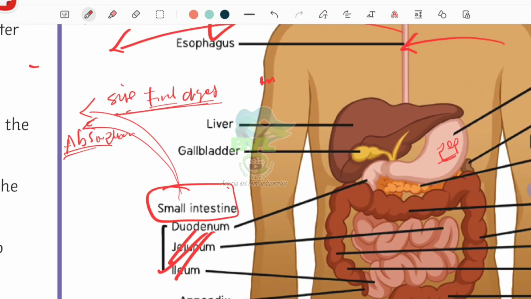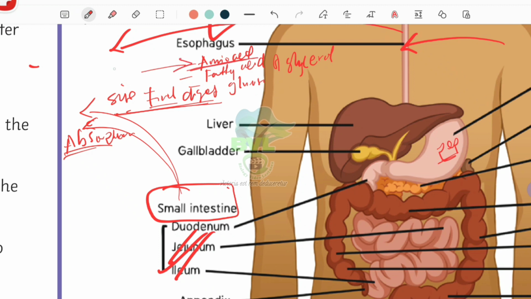In the small intestine, that's why you are supposed to have amino acid, fatty acid and glycerol, and glucose. Let me explain what I just did.